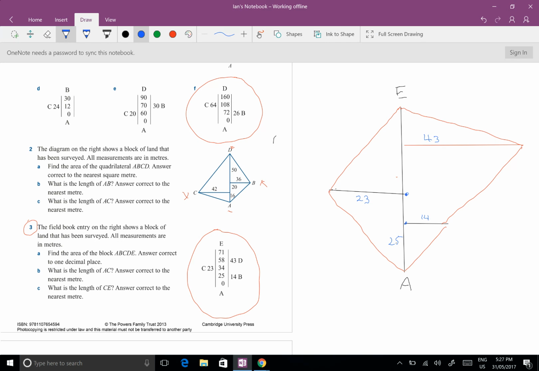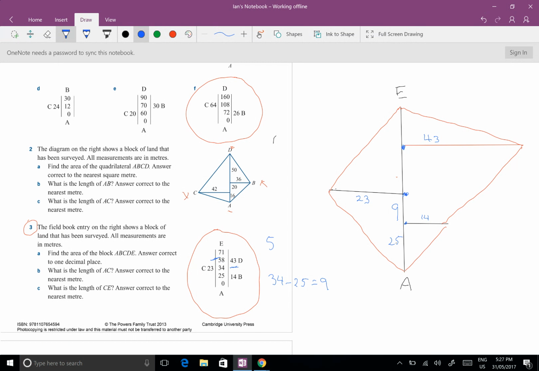Now, we can see it goes from 34 to 25. So 34 minus 25 equals 9. So that distance is 9. If we go between these 2 points, over here we can see it goes from 58 to 34.